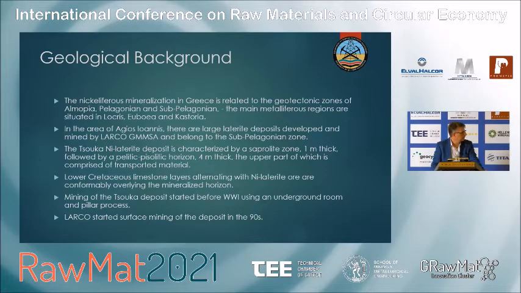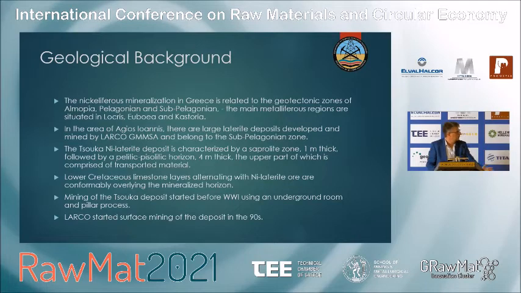The Chuka deposit is characterized by a saprolite zone, which is 1 meter thick, followed by a paletic-pisolitic horizon, 4 meters thick, the upper part of which is comprised of transported material. Lower Cretaceous limestone layers alternating with nickel laterite ore are conformably overlying the mineralized zone. This is just a bit of information about the geology.